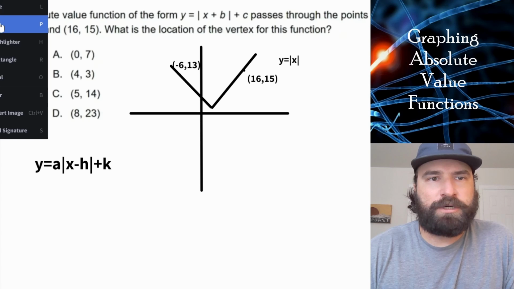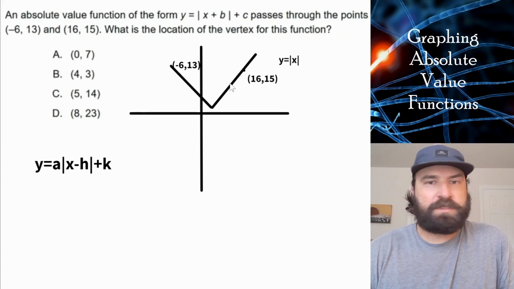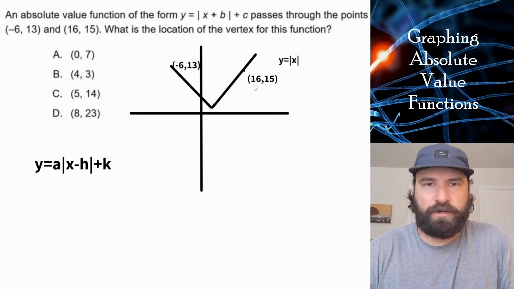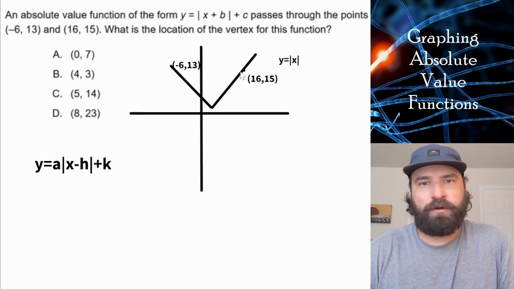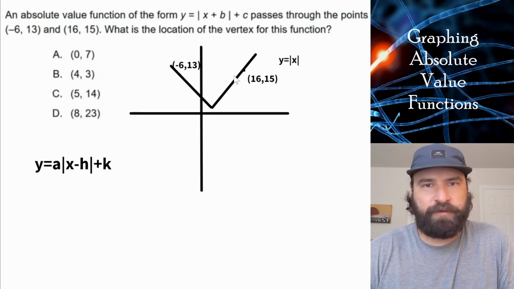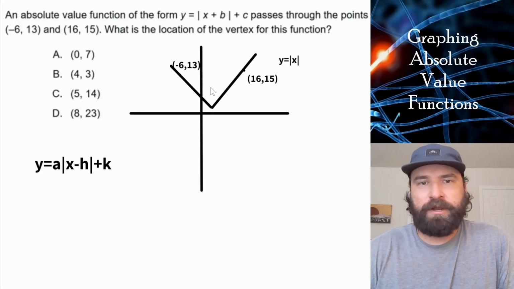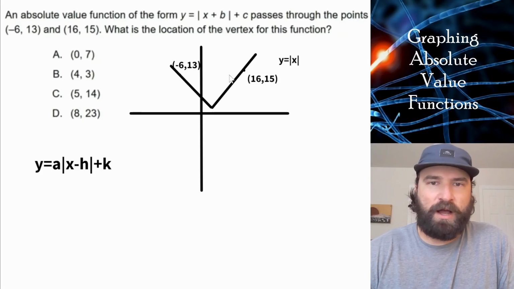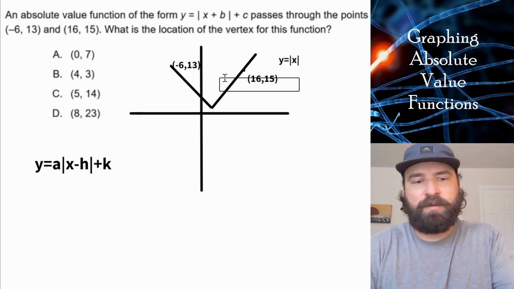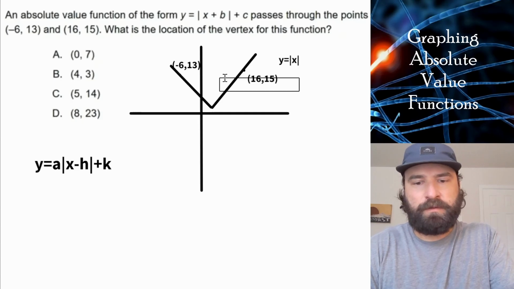I know the slope of this line is 1 because our a value is 1 in our equation. So if I go over 1, I should go down 1. I want to get down to 13, so I have the same y value at this point. So I could think about a point at 14, 13.